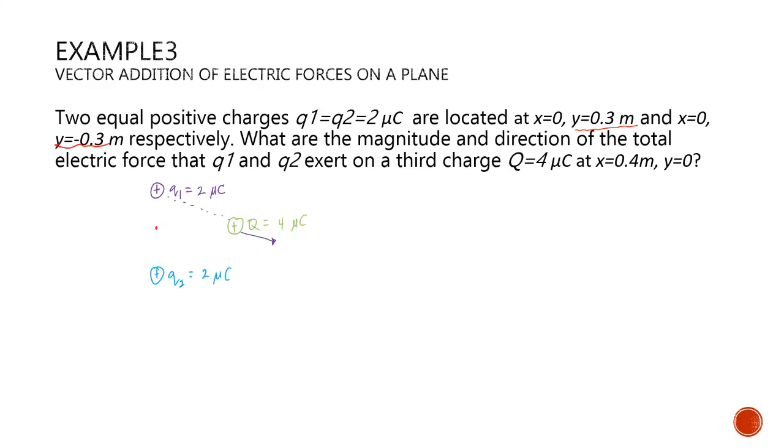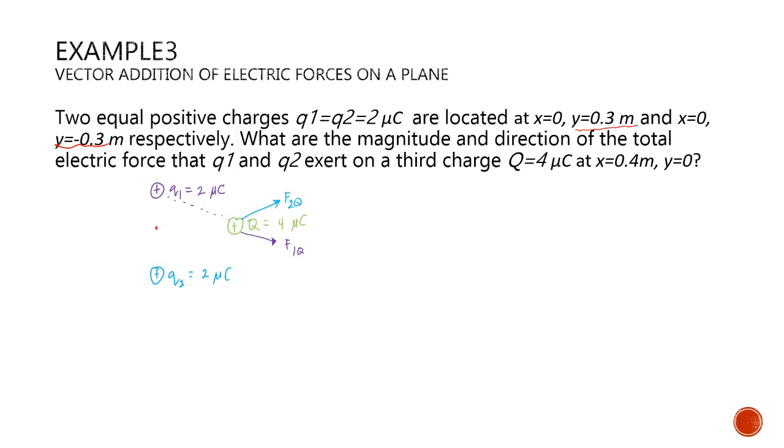So along this axis, let this be the force that Q1 is exerting on charge Q. And for Q2 and Q, the blue force, both are positive, so it should be drawn away from Q2. So we have this force for Q2 to Q.